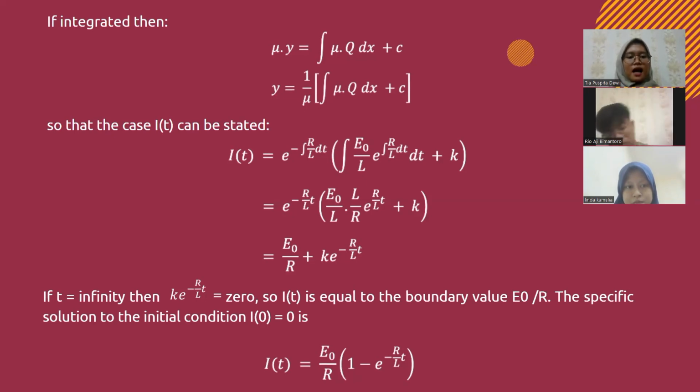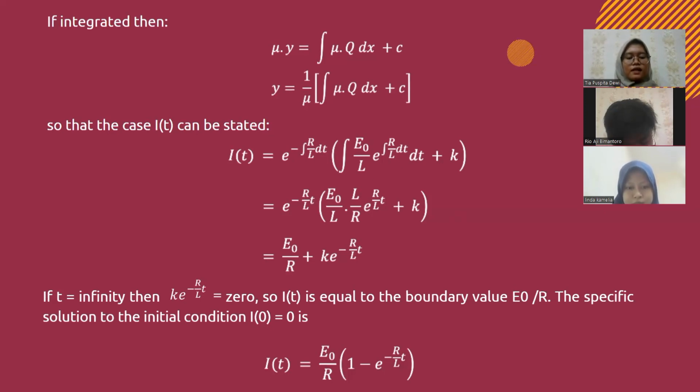So in this case it can be stated that I equals e to the power negative integral R over L dt, times the integral of E0 over L times e to the power integral R over L dt, dt plus k. And then we get I equals E0 over R plus k e to the power negative R over L t.